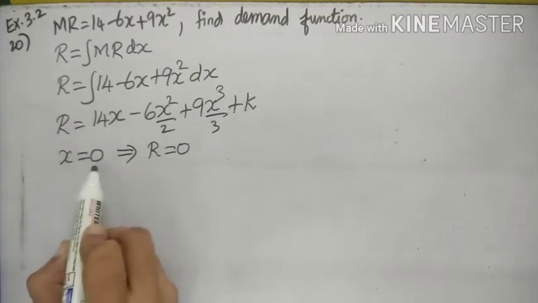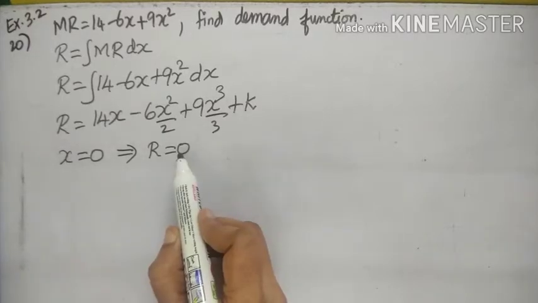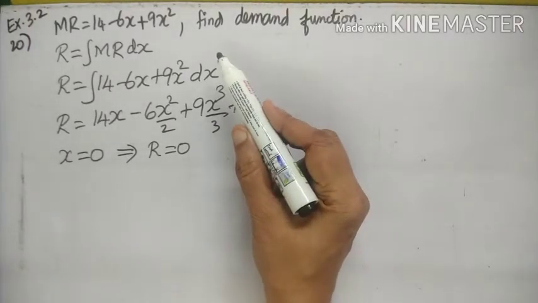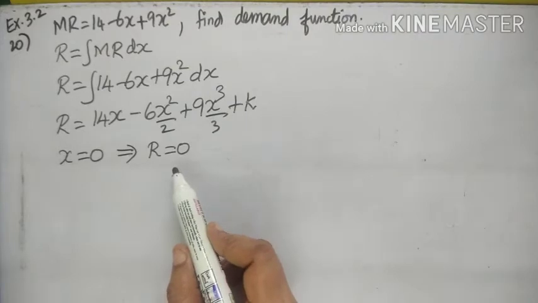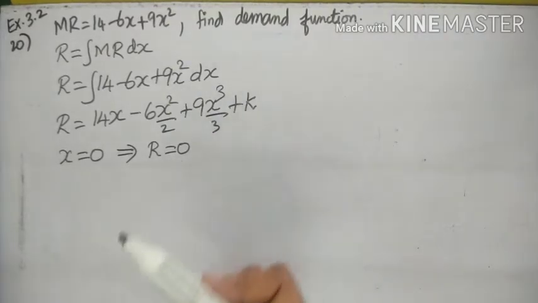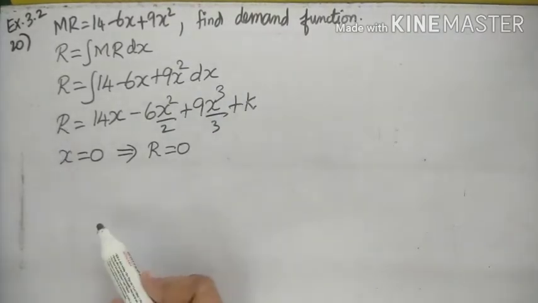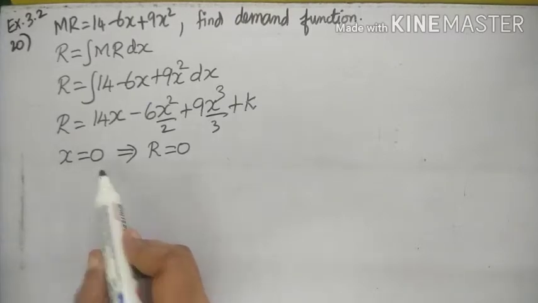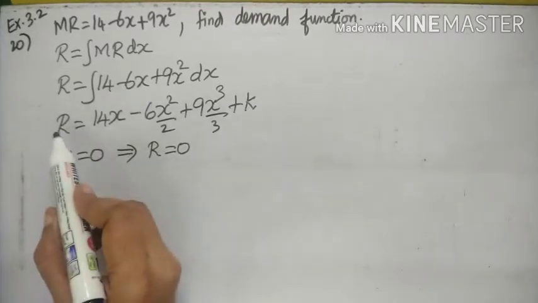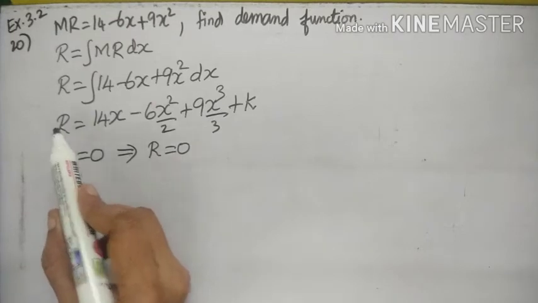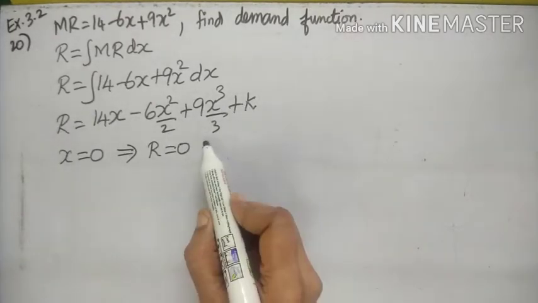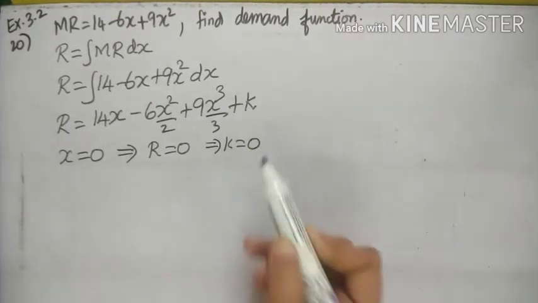When there is no sales, there is no income. So if they give you any condition, we use that. If they are not giving any condition, let us remember in revenue problems, whenever x is 0, R is 0. Putting R is 0 and x is 0, I get K also 0.